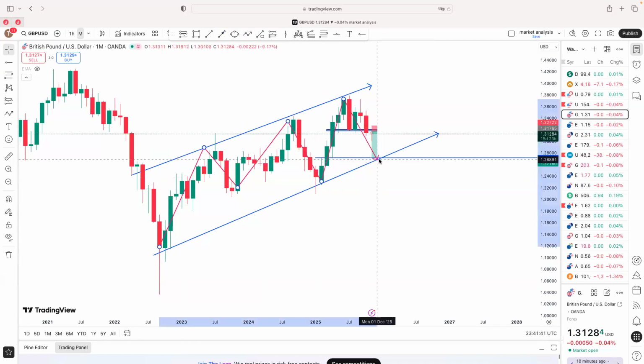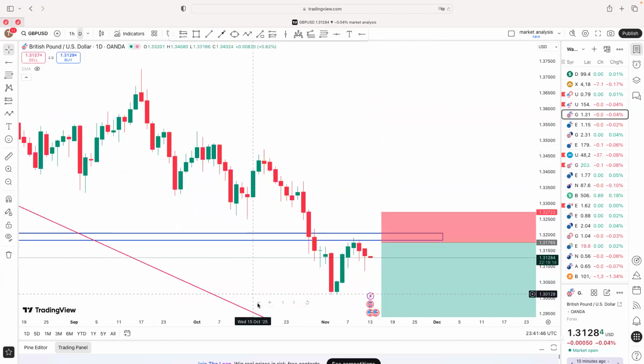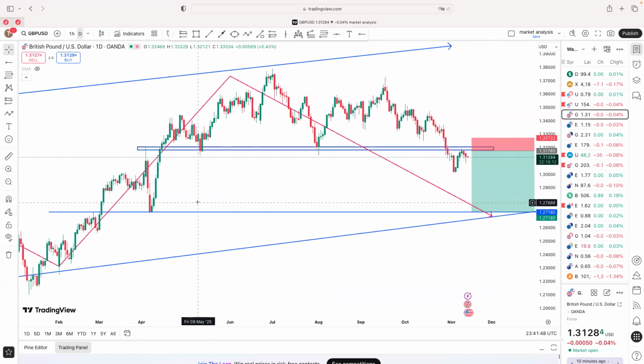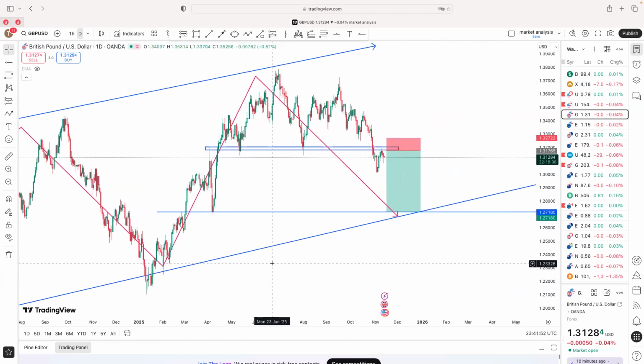Now, I'm going to leave this here, and then let's go back to daily. Isn't that line that I've drawn corresponding with what we are looking for in terms of the TP? This is our last lower low. We want them to come back into this area. Lower high, I meant to say.